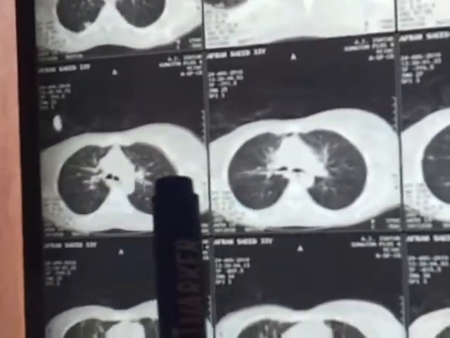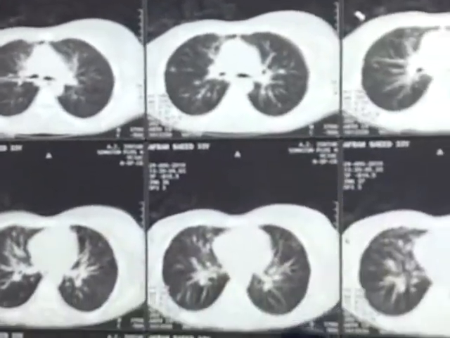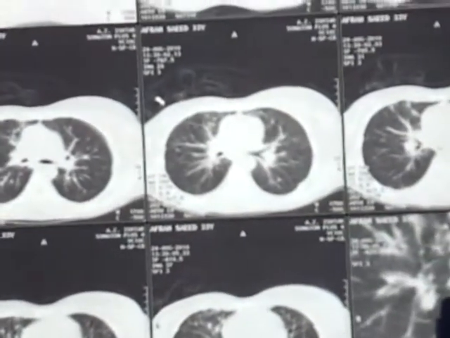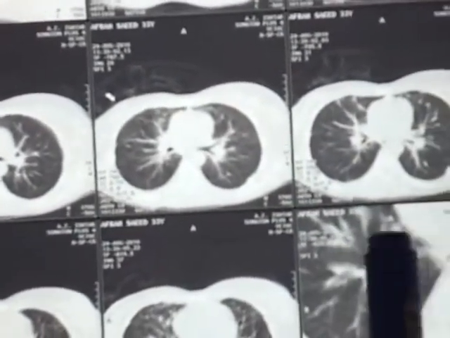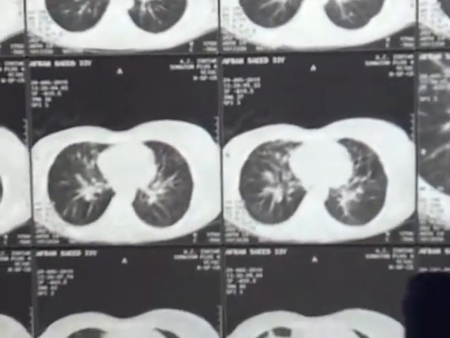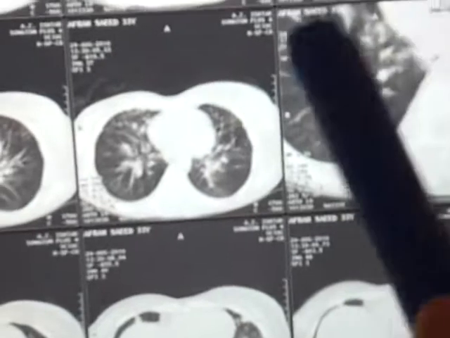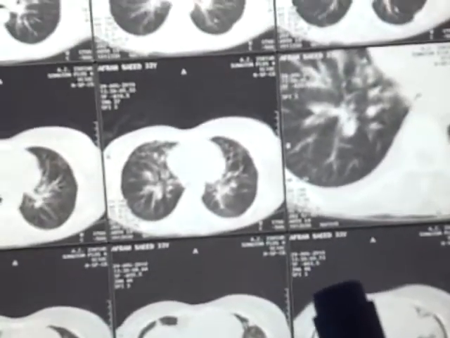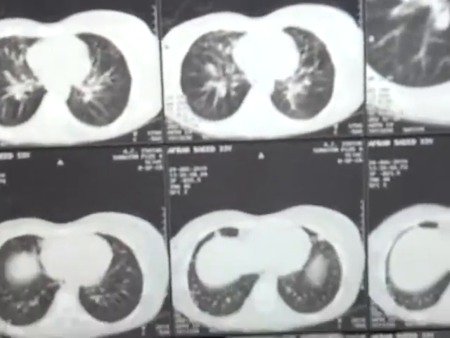If you go down, you get it clear in this area, infiltrating small masses. This is a clear-cut infiltration, and this is probably secondaries, either hematogenous secondary from the breast cancer or lymphangitis carcinomatosis.